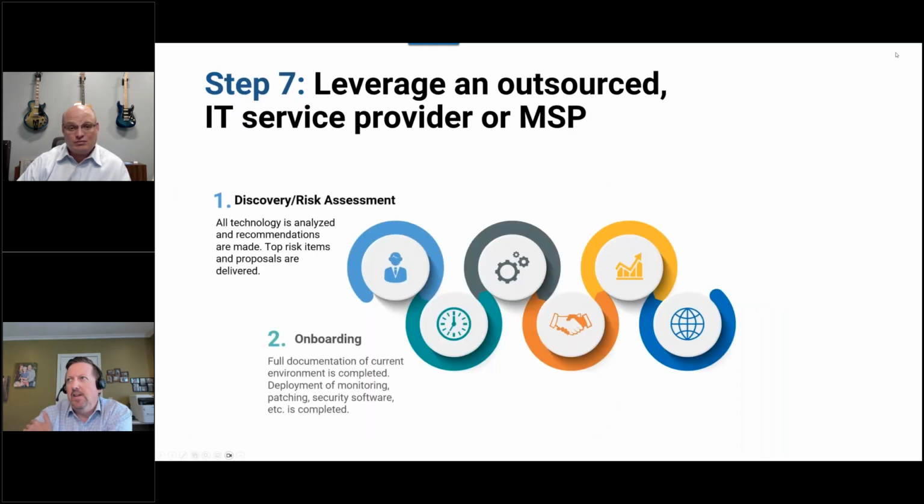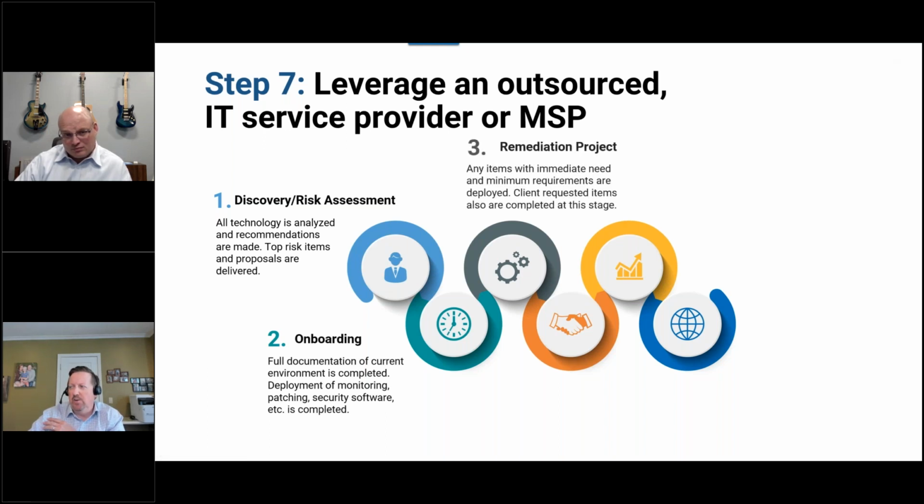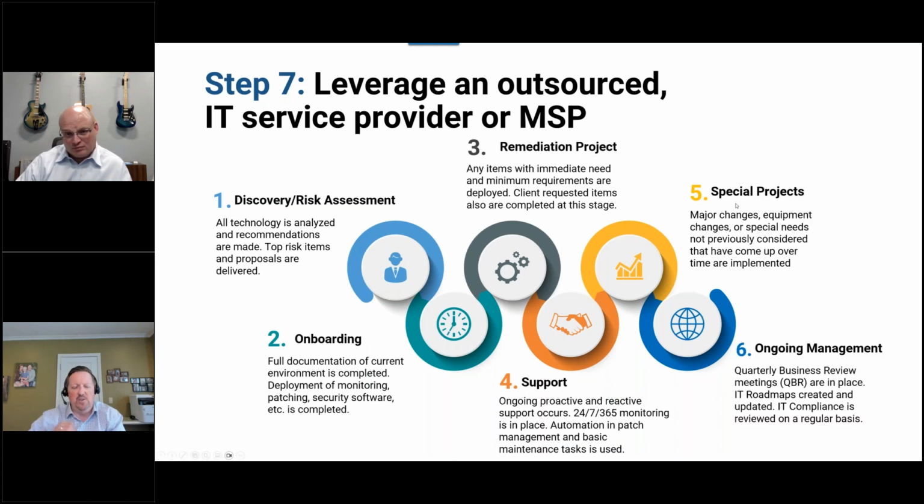Okay, and then let's talk a little bit about working with an IT service provider or MSP. Not every organization does it this way today, or maybe they have some outsourced relationship, but that provider may or may not have the level of expertise in CMMC to get people where they need to be.